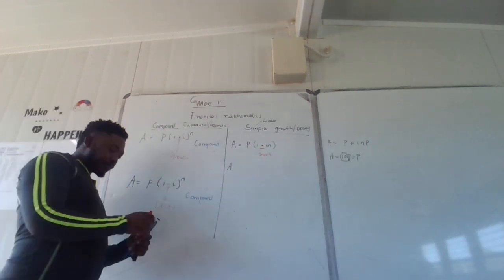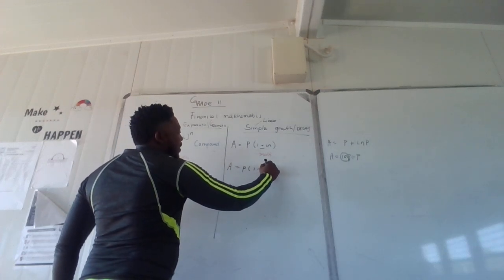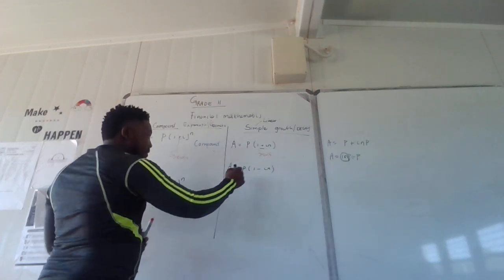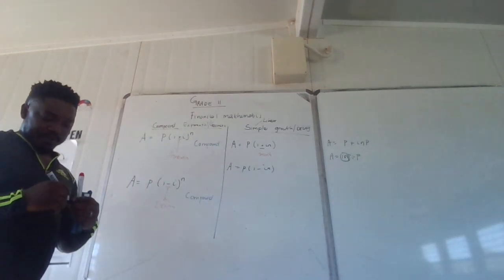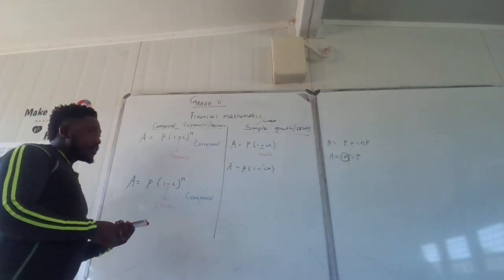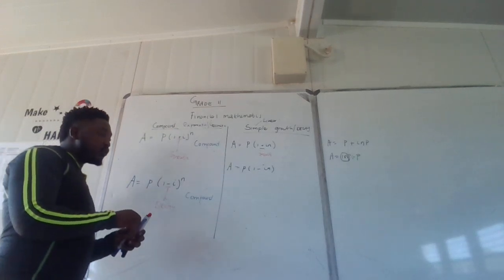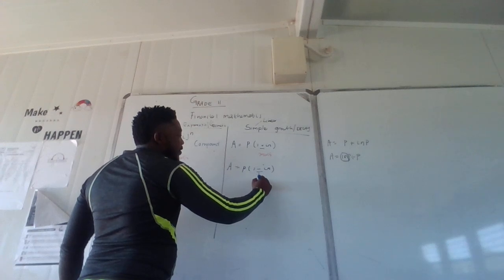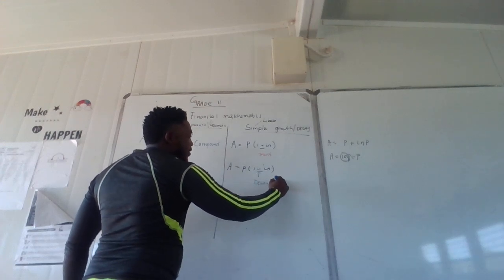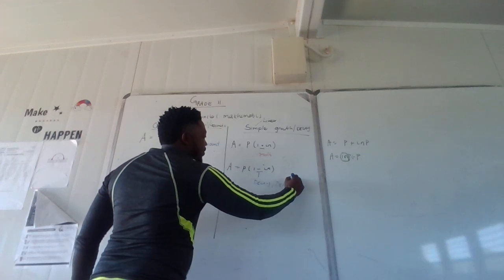And we have A equals P(1 - in), and this one will be decay, depreciation. Decay can also be used with depreciates.